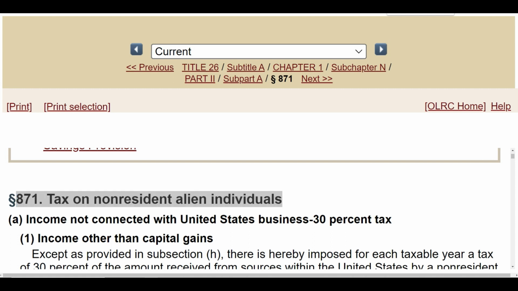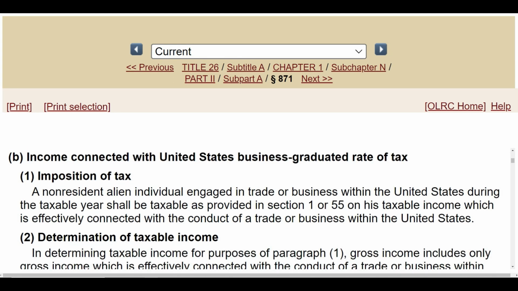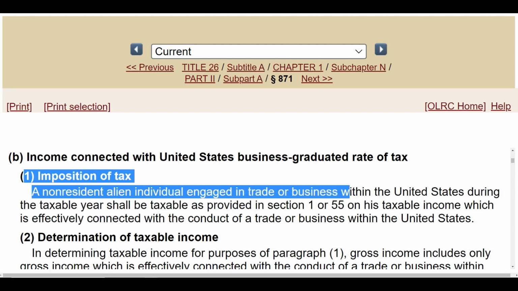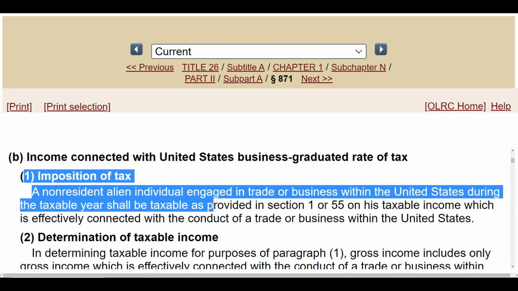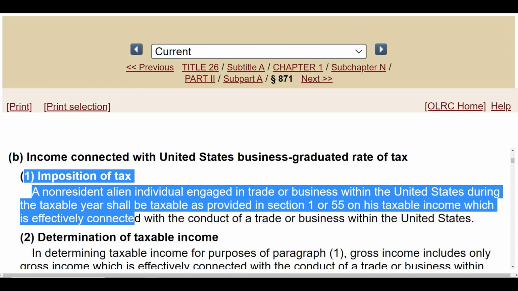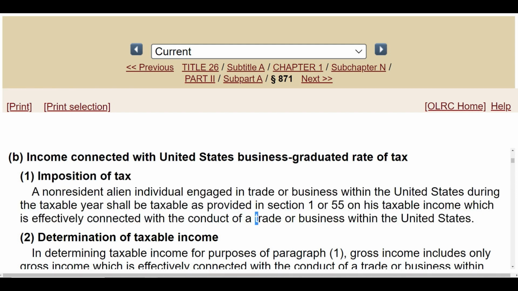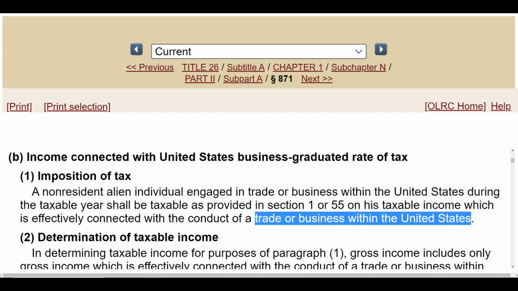If you go down to (b), it tells us in (b)(1), the imposition of tax: a non-resident alien, someone not from D.C., engaged in a trade or business, involved in functions of public office within the United States, within D.C., during a taxable year shall be taxable as provided in Section 1 on its taxable income which is effectively connected with the conduct of a trade or business, or performance of functions of federal public office, within Washington, D.C. Yes, federal government workers are involved in a trade or business. They're connected with Washington, D.C. They have to file income tax.